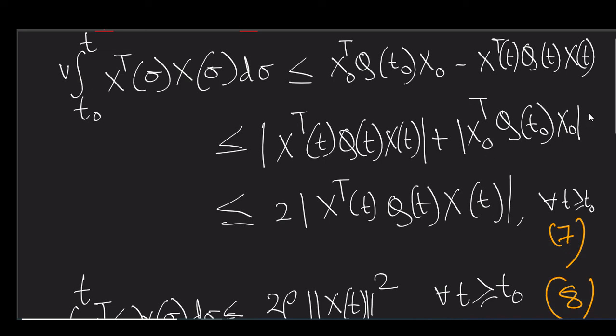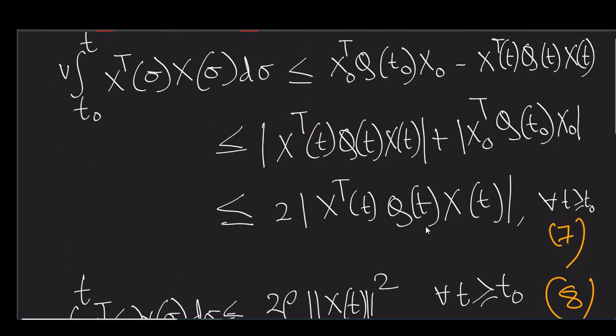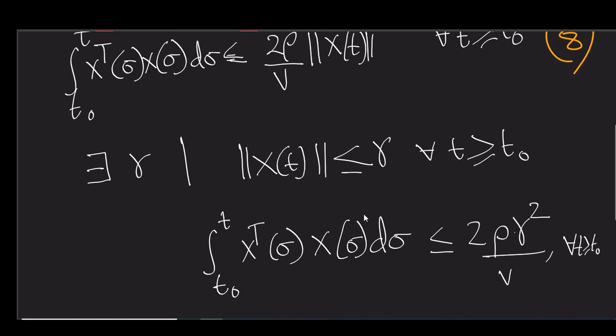So this gives us the whole thing, that is less than or equal to 2xt qt xt. From where are we getting this? If you get back to here, you will see that xt qt xt is less than or equal to xt. So we are getting this one is less than or equal to this value. Now that further implies that for all t greater than 0 we have this.